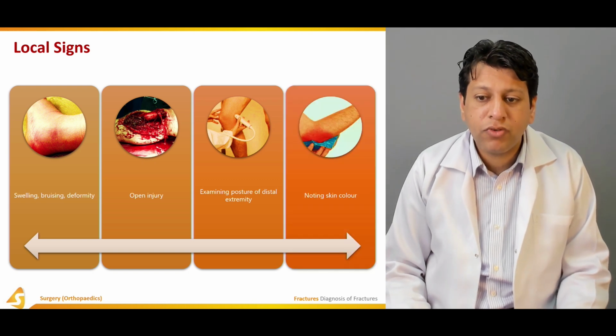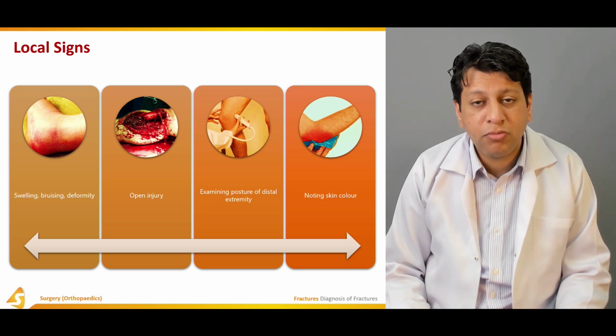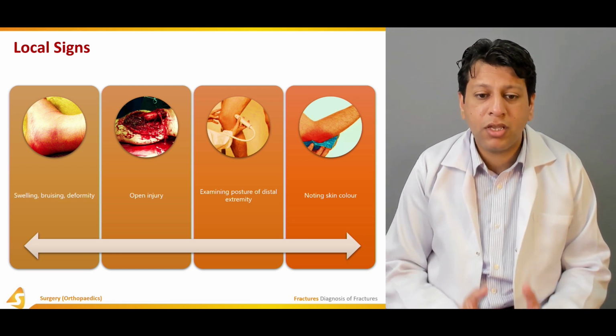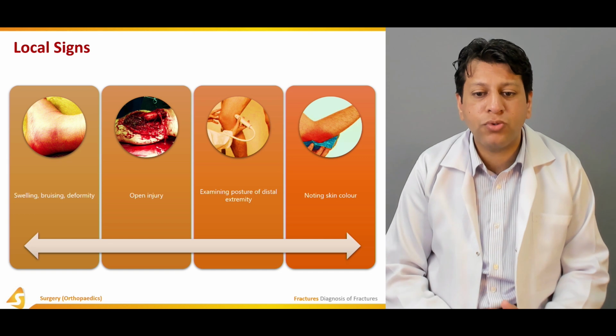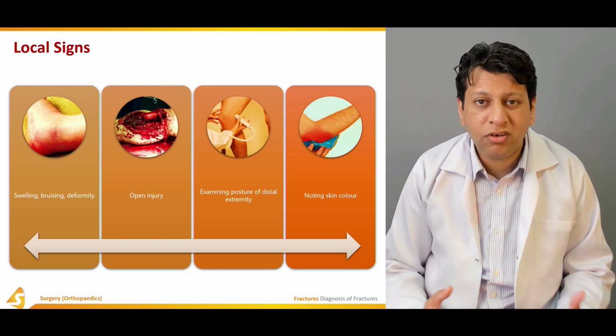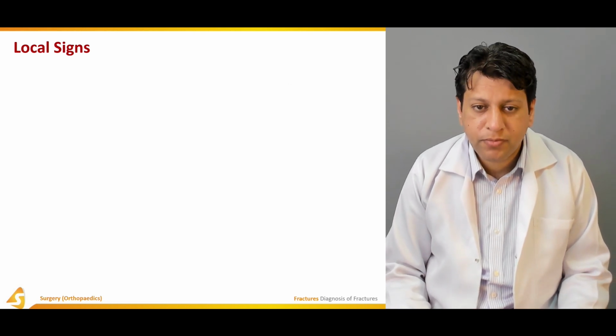And then look for the skin color. For example, if there is a large hematoma formation over some area, then there may be changes in the skin color as well. So skin color, swelling, bruising, deformity, and the posture of the distal limb would point out whether there is a fracture present or not.